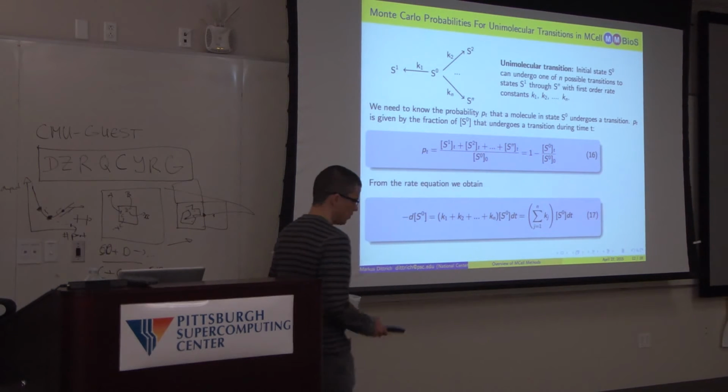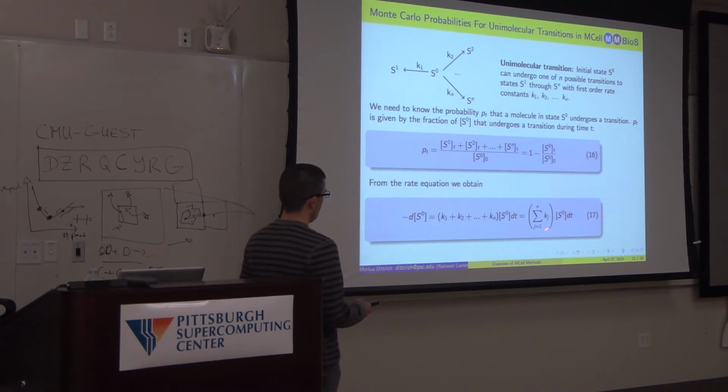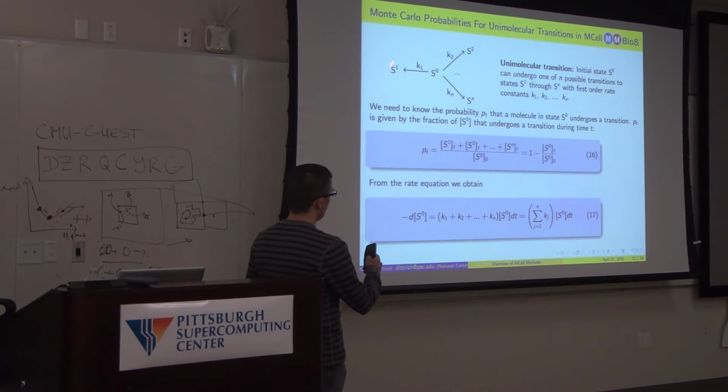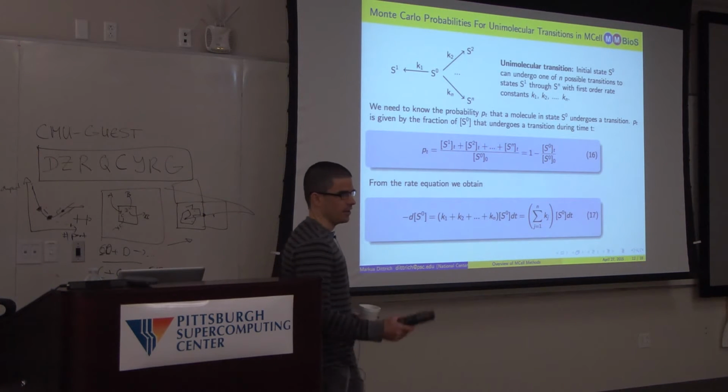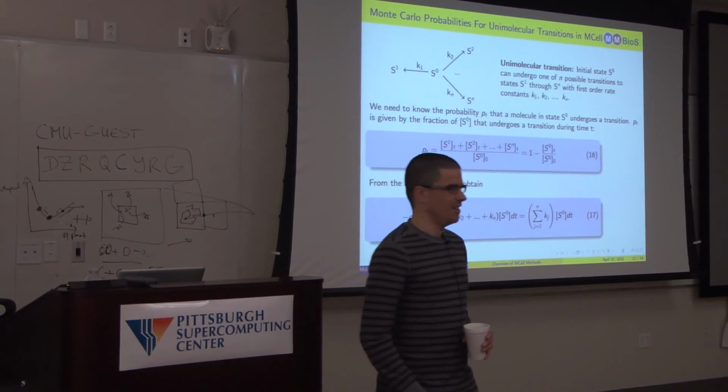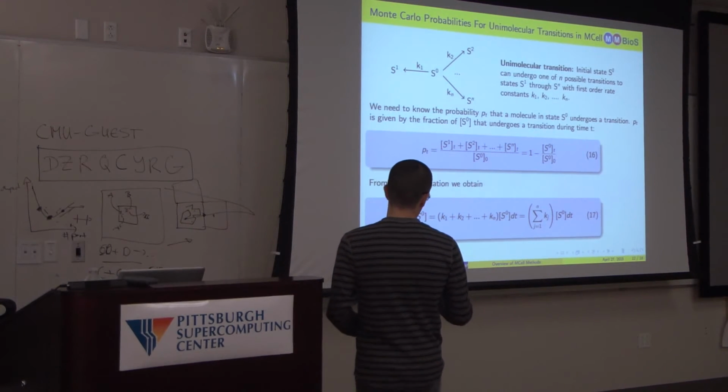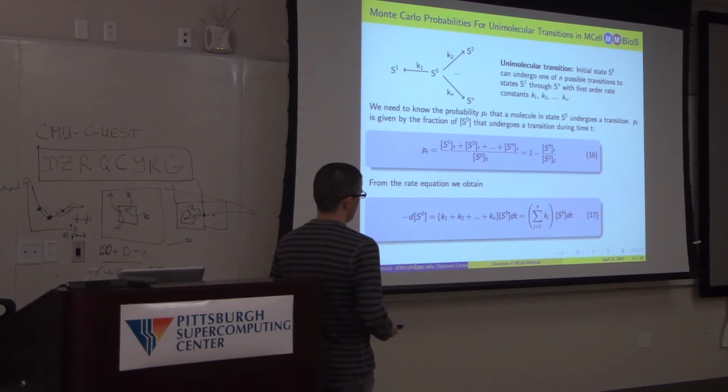The way to compute that is actually quite straightforward. The probability for this transition to happen is the ratio of the population of all these states at time t, so how many particles ended up in state S1, S2, S3, divided by how much we had in the initial state. That tells you how much really happened with this transition, and you can rewrite it this way.